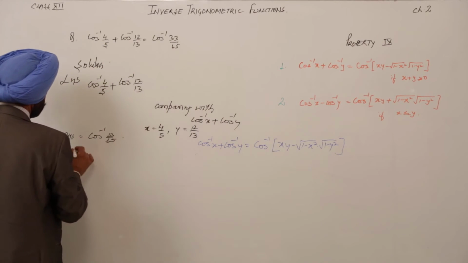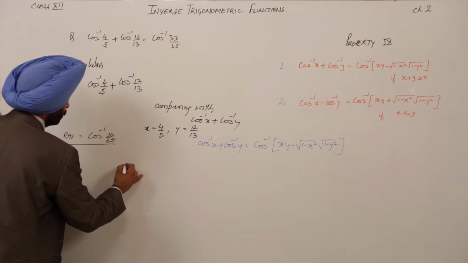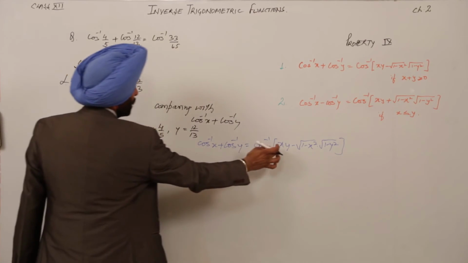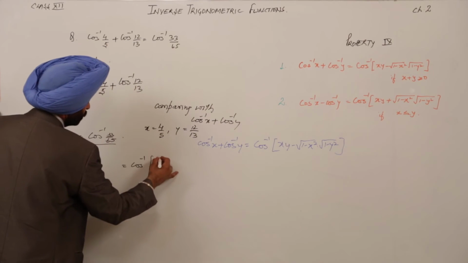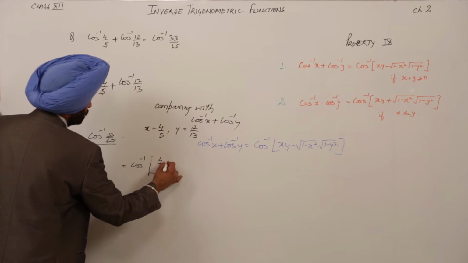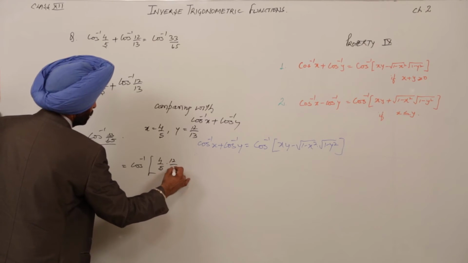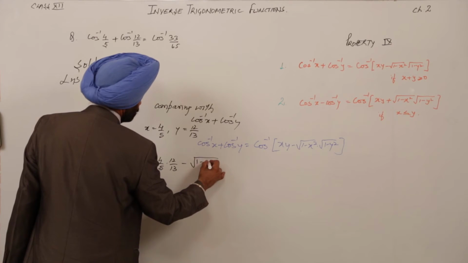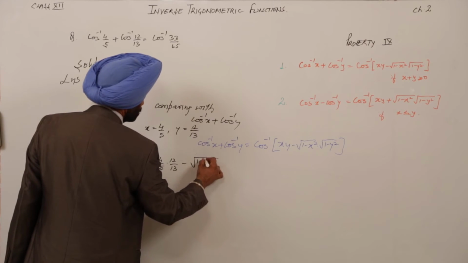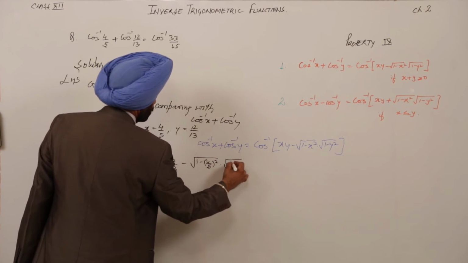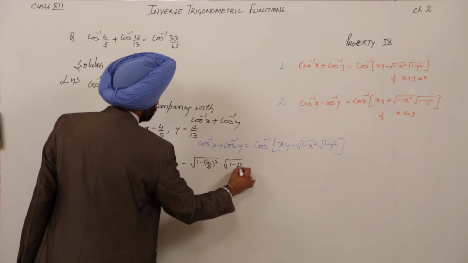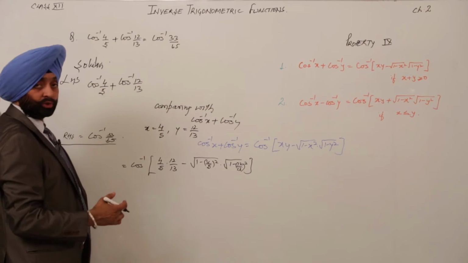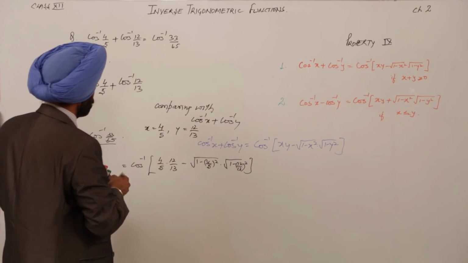So, now we have cos inverse of x into y, x is 4 by 5, times 12 by 13, minus square root of 1 minus 4 by 5 whole square times 1 minus 12 by 13 whole square. Only this is the calculation part where we should be very careful while solving.